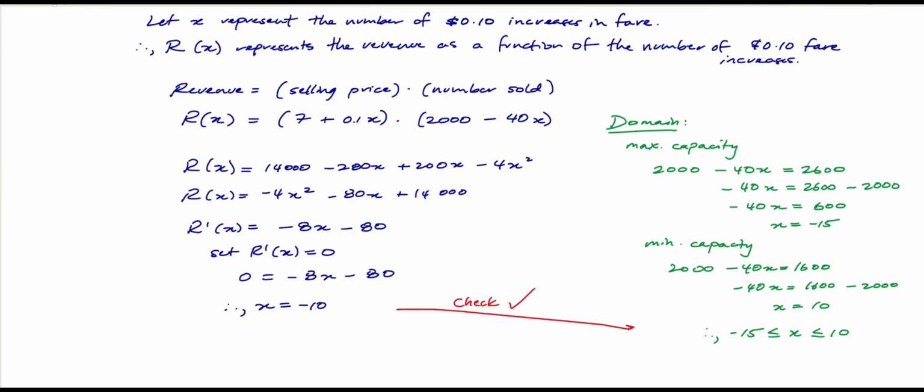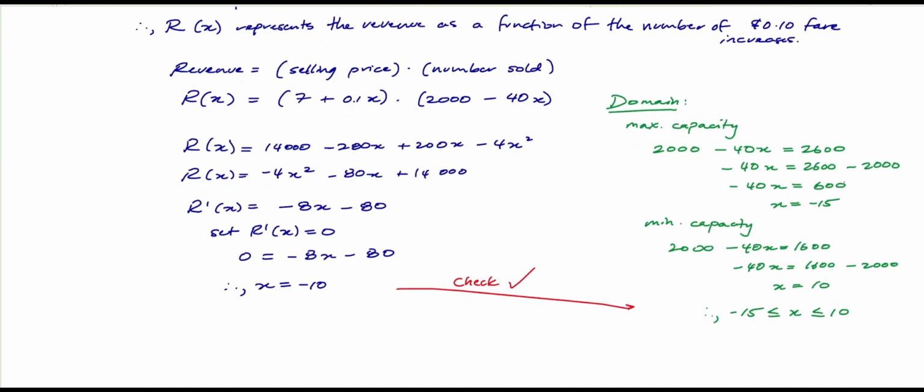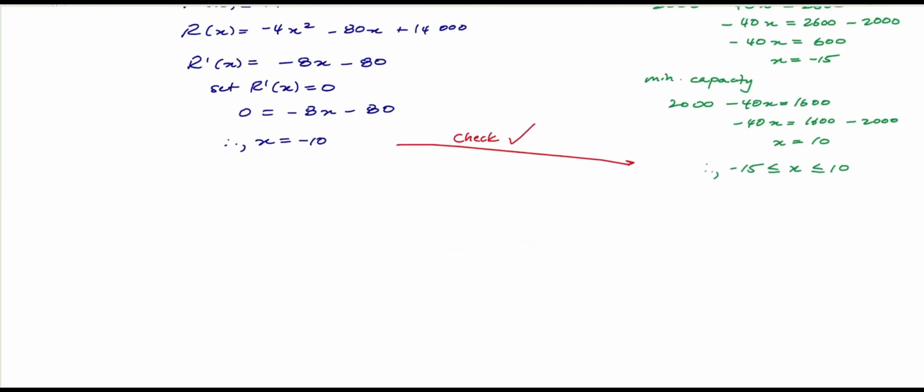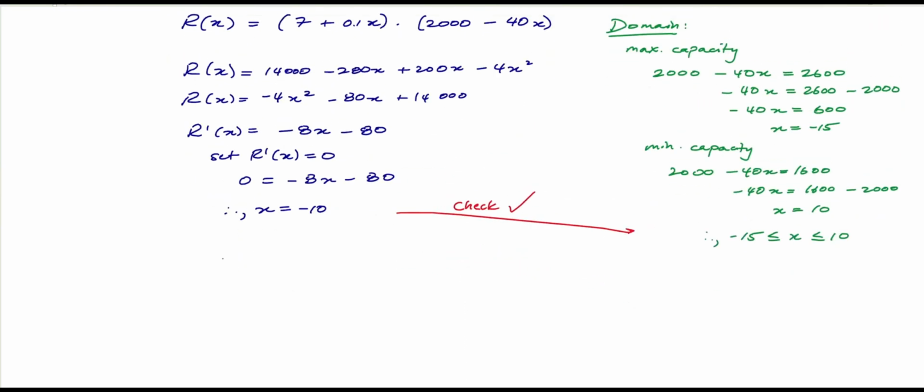But if you think about it, this will in fact have to produce the maximum, because this is the highest point on the revenue function. But for the purposes of being thorough, I am going to evaluate the revenue at -10 increases, the revenue at -15 increases, and the revenue at 10 increases.